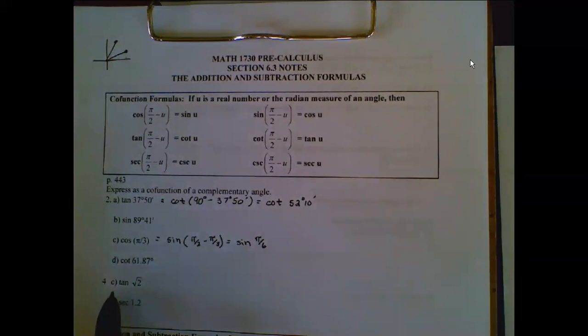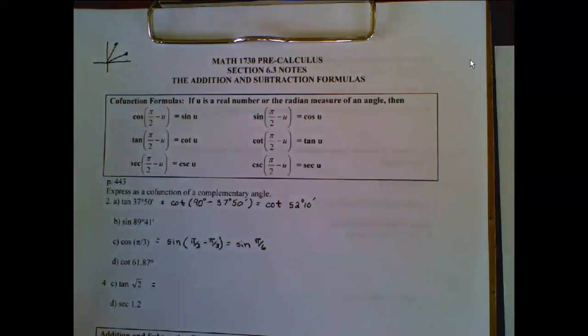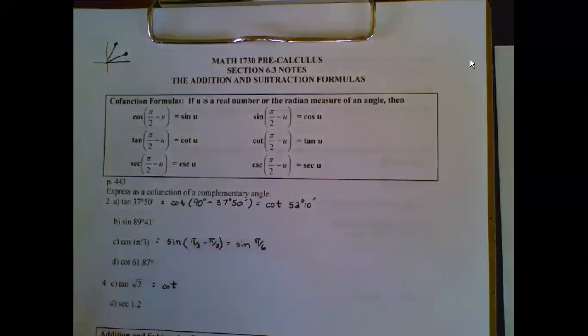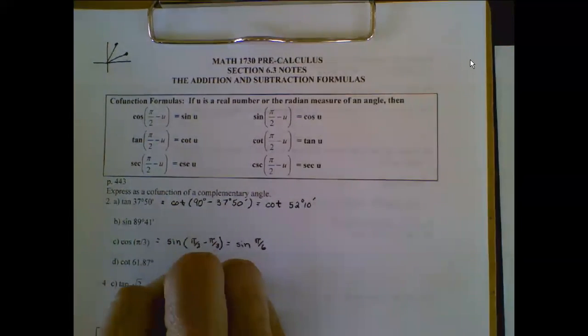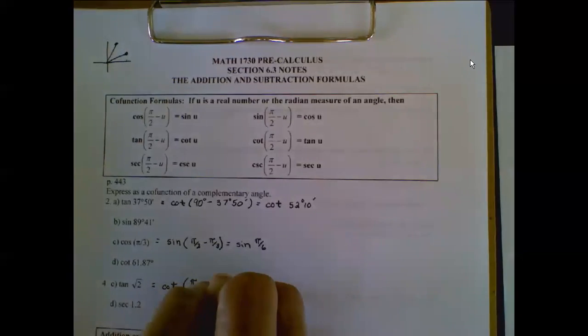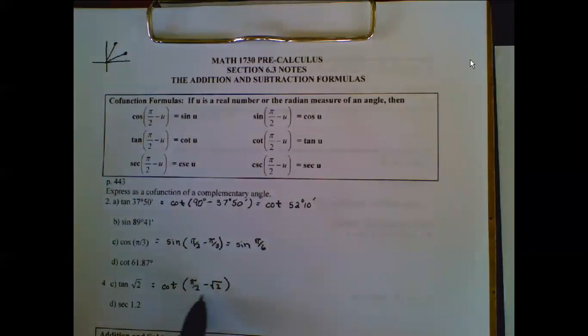So the tangent of the real number square root of 2 is the same thing as the tangent of square root of 2 radians. So to find the cofunction, you would say tangent is the cofunction of cotangent. Whatever tangent is at square root of 2, cotangent's going to be the same thing at pi over 2 minus square root of 2. And if you want an exact answer, that's the best we can do there.